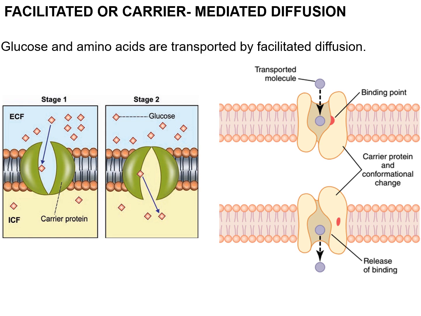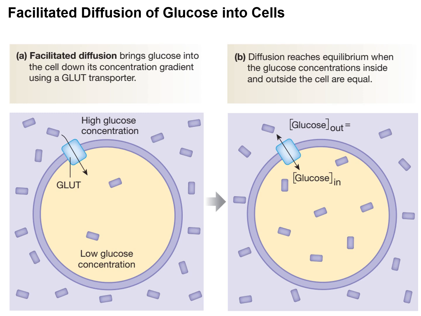in the form of ATP. Here is another picture for facilitated diffusion. For example, we have glucose outside of the cell, and we need to move this glucose from the area of high concentration to the area of low concentration. So we need a carrier protein on the plasma membrane.